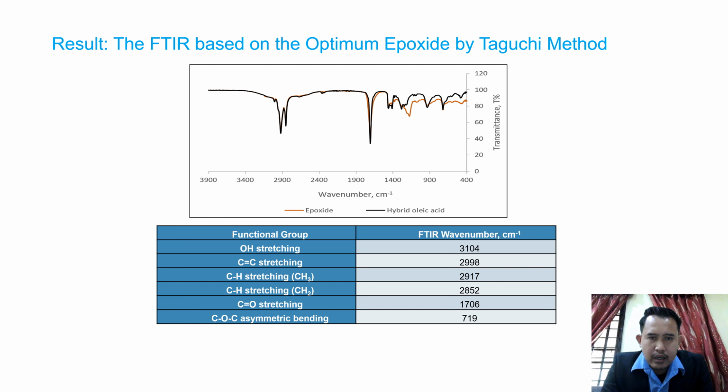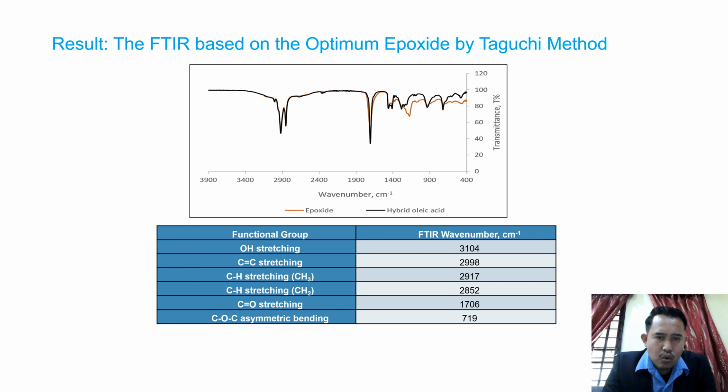indicates the group of the epoxide, which starts to break the bond to produce the oxirane. Also the CH stretching for CH3 and CH2 is formed at 2900 cm, which indicates the formation of a polyol group, and also indicates the group of the oleic acid.